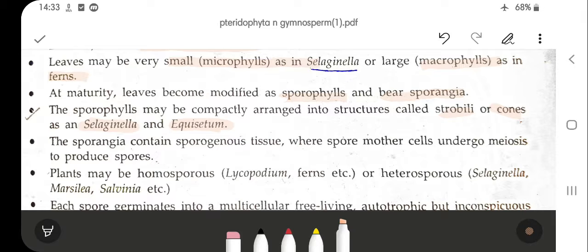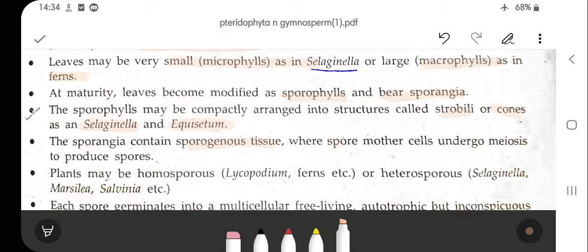Sporangia contain sporogenous tissue, where spore mother cells undergo meiosis to produce the spores. So we should know that the sporangia contain the sporogenous tissue, which is 2n.